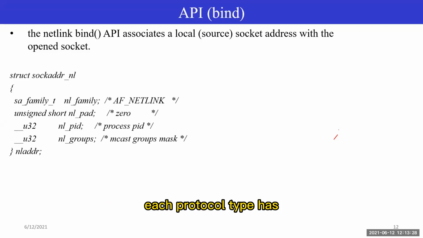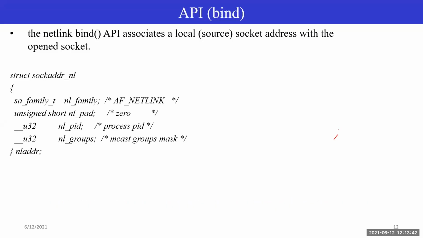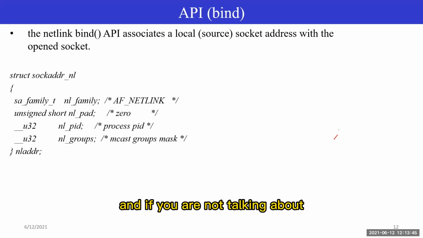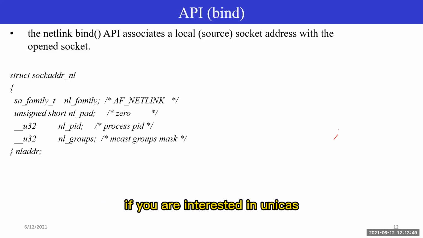Each protocol type has 32 separate multicast groups. This is a U32, so that means 32 bits. So each one bit will represent one particular multicast group for each of the protocols. And if you are not interested in multicast group, if you are interested in unicast, then this NL group field has to be set as 0.